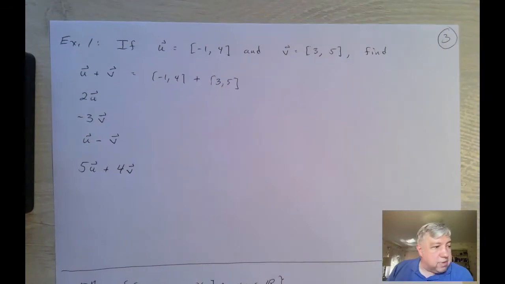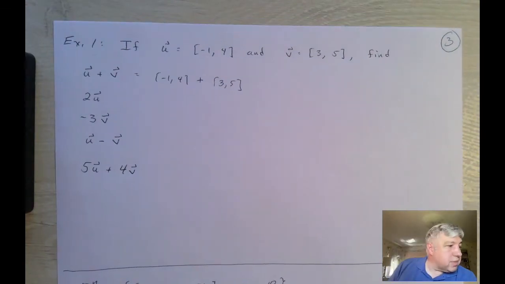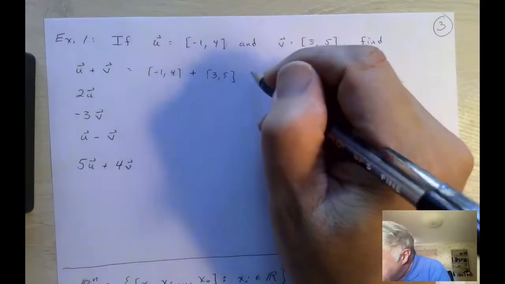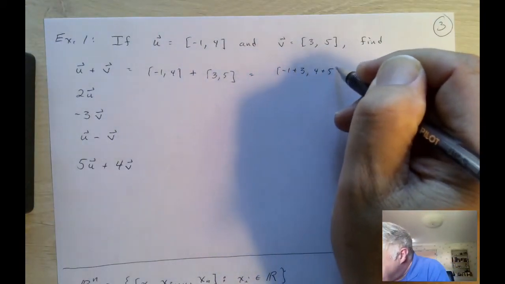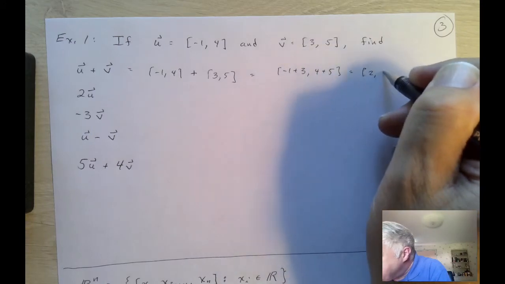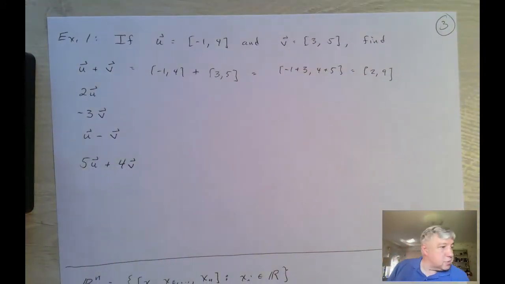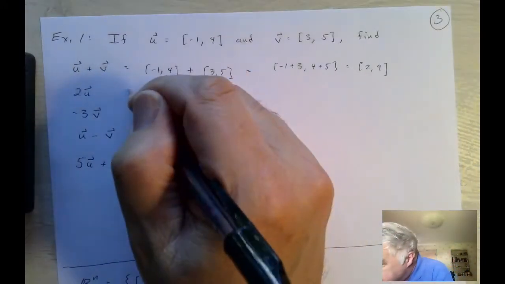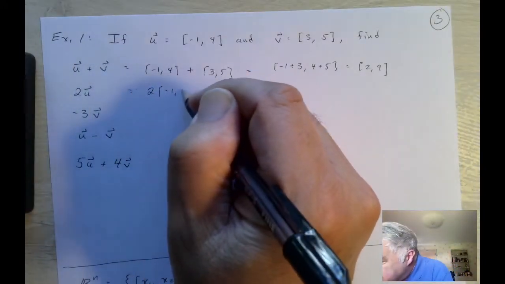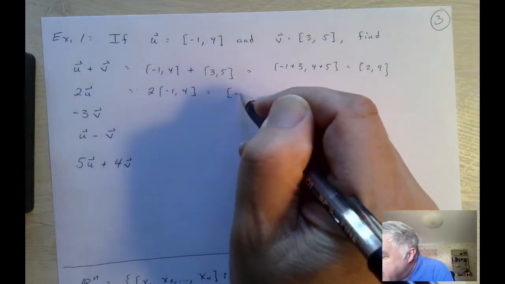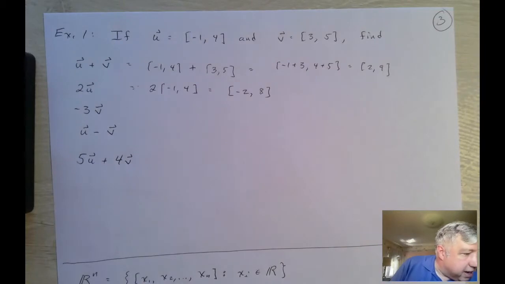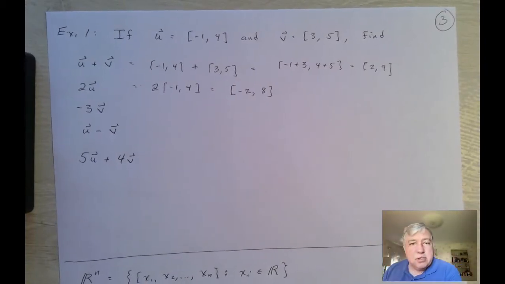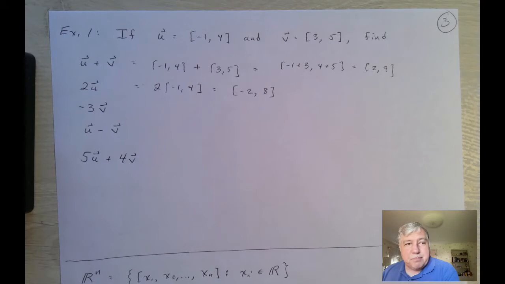So u plus v, we just add negative 1 plus 3 and 4 plus 5, and we get 2, 9. 2u is 2 times negative 1, 4, so this is negative 2, 8, if my arithmetic is correct. It usually is, but it's not perfect.